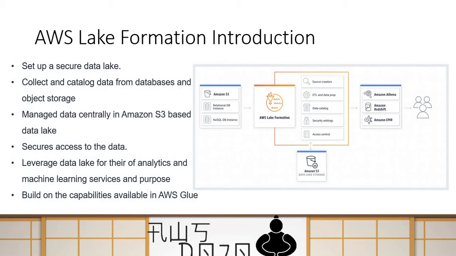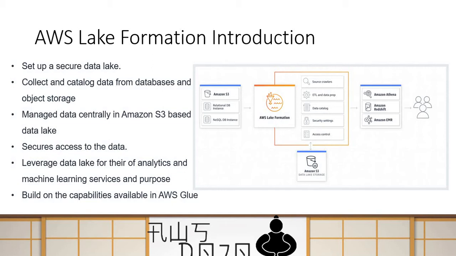You can use Glue and Lake Formation to collect data from various sources, from various databases, and when you collect the data, you also catalog it so that it can be used for consumption by different users. The catalog also provides a way for end users to discover the data.